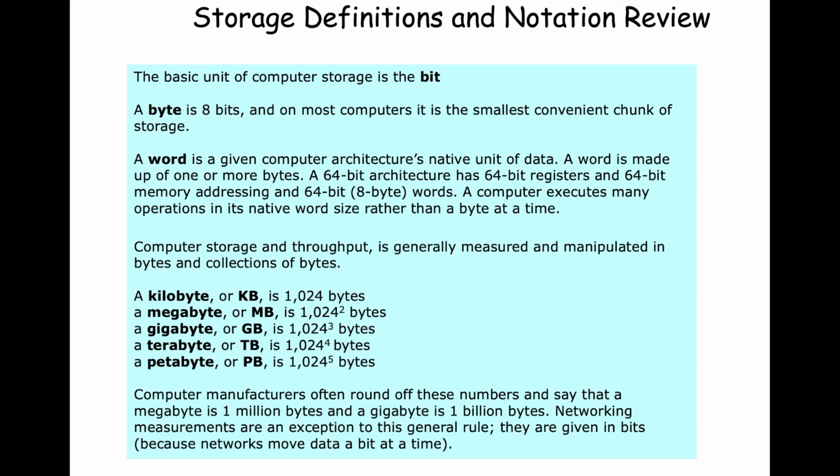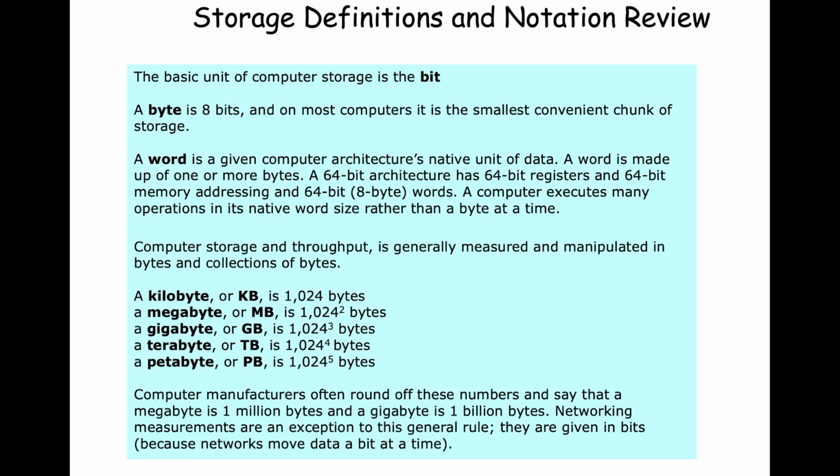The reason for that is because a logic 1 is represented as 5 volts, and a logic 0 is represented as 0 volts. Because the state of electricity in circuitry is used to represent data, we use base 2 because it's most easily represented as binary. And so 1 bit is the basic unit of storage.